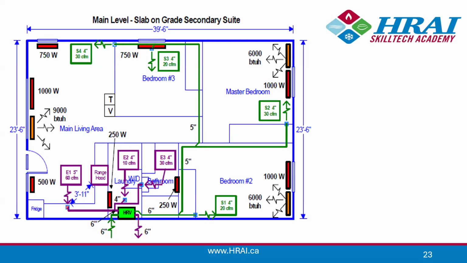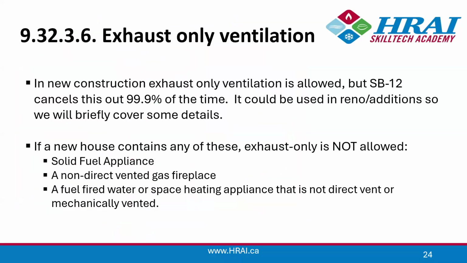So this is the type of scenario that this is designed to deal with. So that's that. Exhaust only ventilation. So exhaust only ventilation still allowed, and I will just cover it slightly because this could also be a strategy that you use for additions and renovations. So it is really relevant to new building permits in that sense.